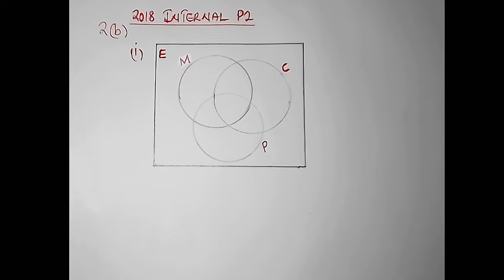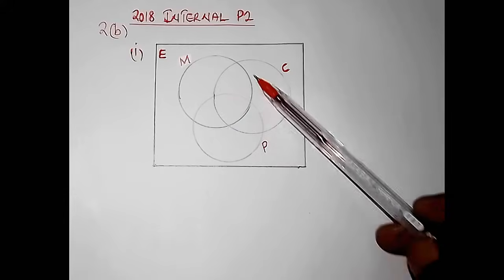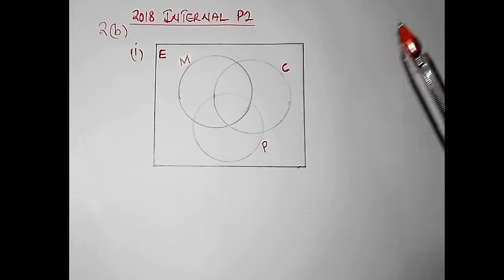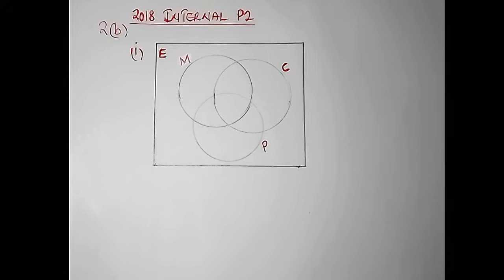And then all those who study chemistry also study mathematics. So what that means is that all those who are doing chemistry were also doing mathematics. So when it comes to filling up the numbers that are in chemistry, these numbers are also going to be attached to mathematics. Then 3 students study all the 3 subjects, and then 4 students study mathematics only. 8 students study chemistry.